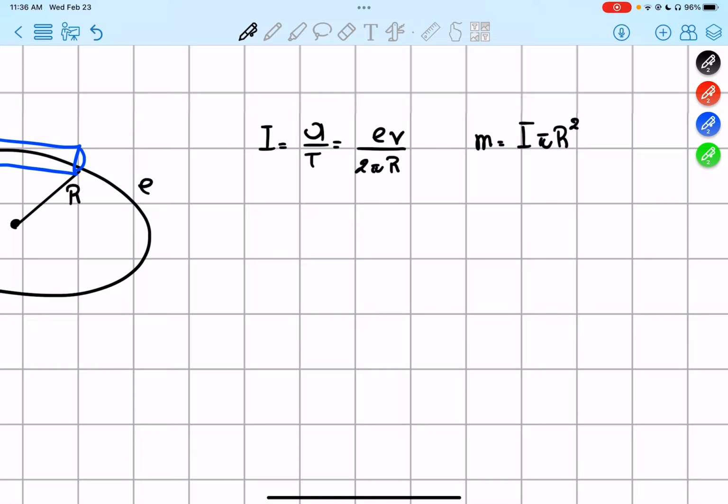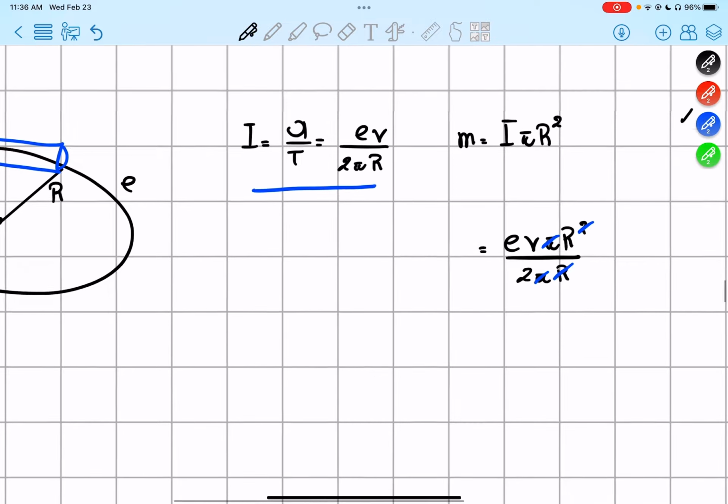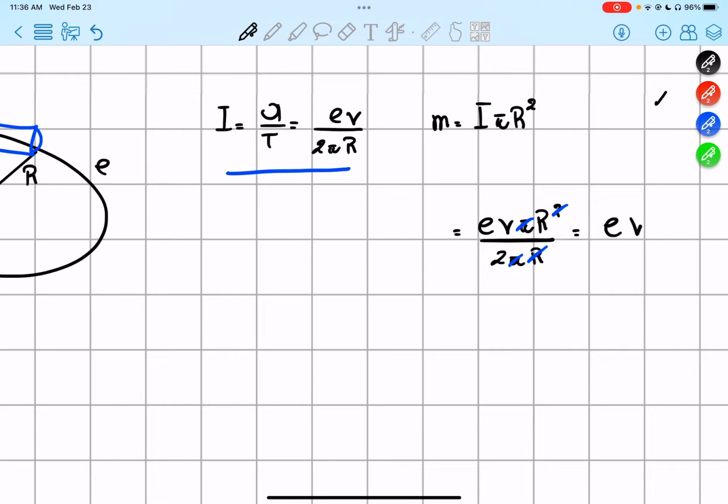Now we have I from this one over here, and we can substitute it. So we're going to get EV pi r squared over 2 pi r. We can simplify the pi and the r at the bottom, and we see that we get EV over 2r.